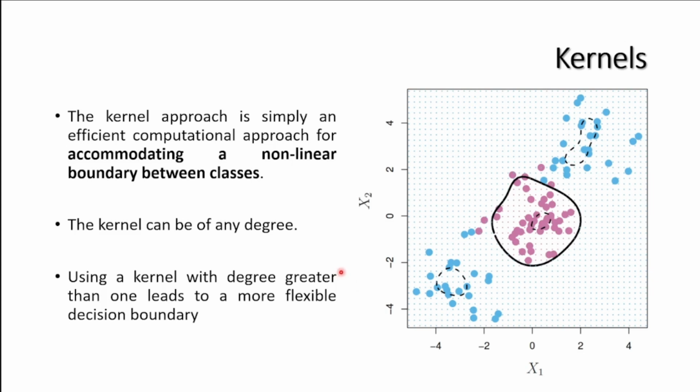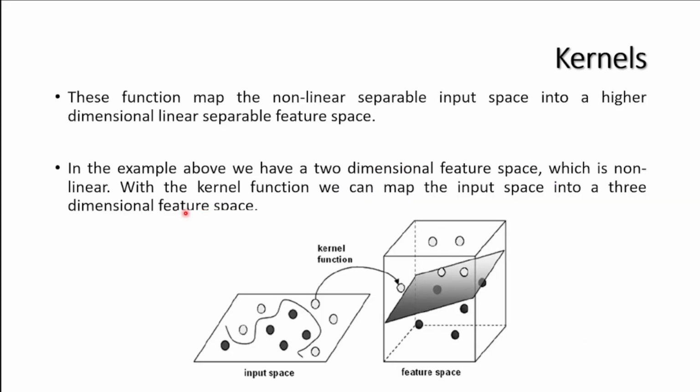So the kernel approach is a simpler, efficient computation approach to the non-linear boundary between classes. The kernel can be of any degree or shape, polynomial, round, or whatever else we have. This function maps the non-linearly separable space into higher dimension linearly separable features. For example, we saw just now 2-dimensional x and y.